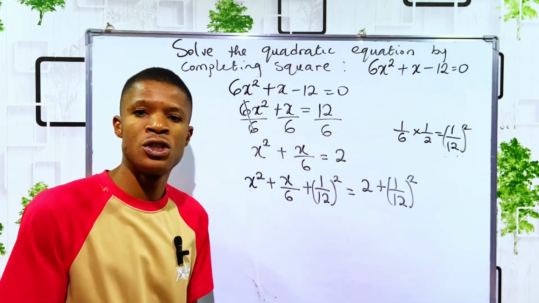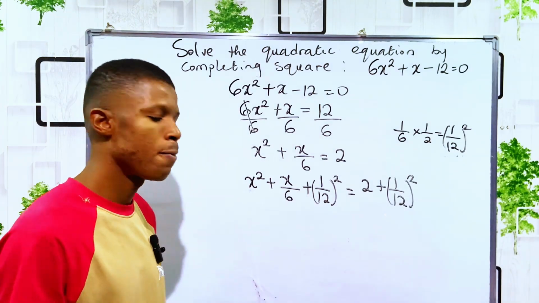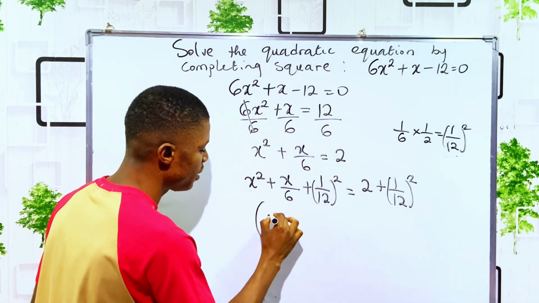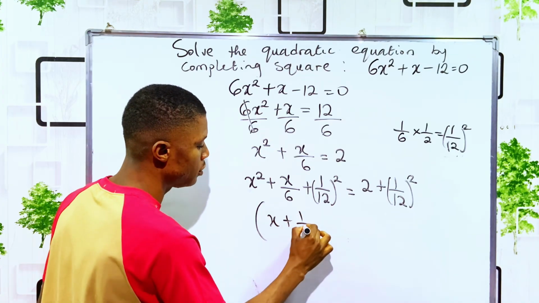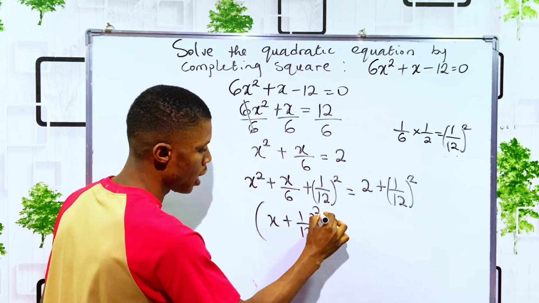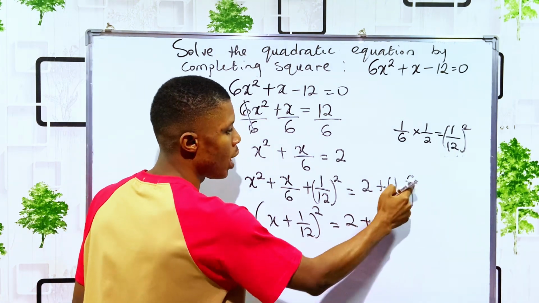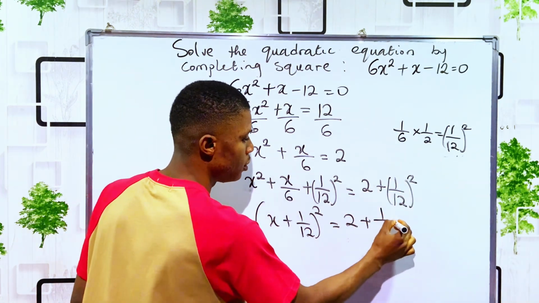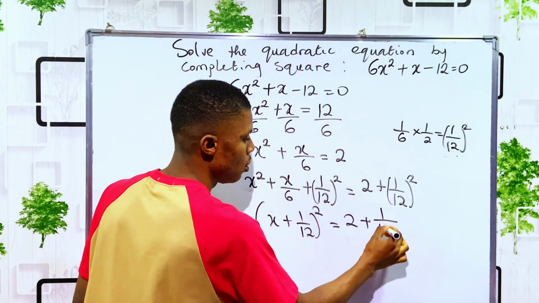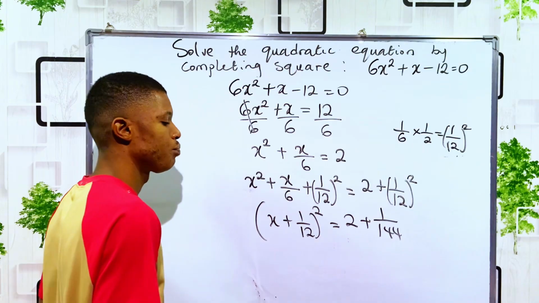Then the left side is now factorized. So you can see we have (x plus 1 over 12) squared is equal to 2 plus 1 squared over 12 squared, which is 144.